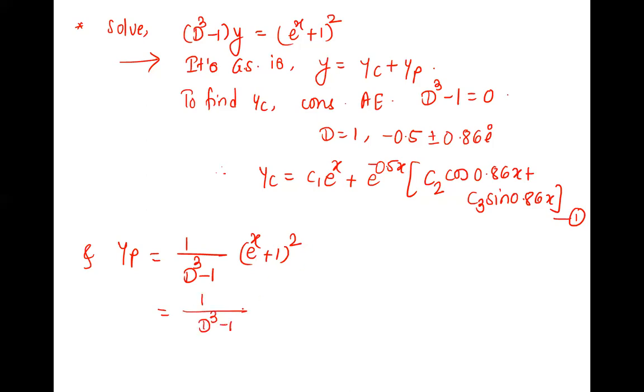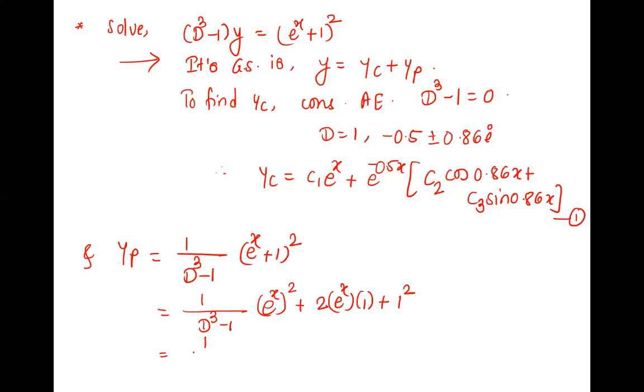So you have to take the square. What is the square of this term? (a plus b) whole square is a square plus 2ab plus b square.